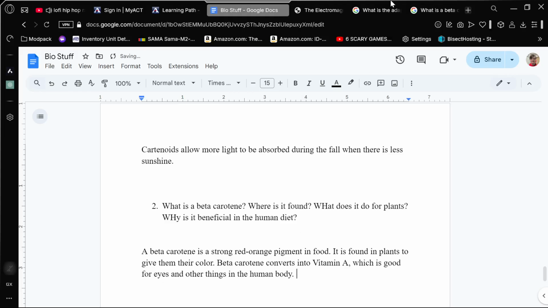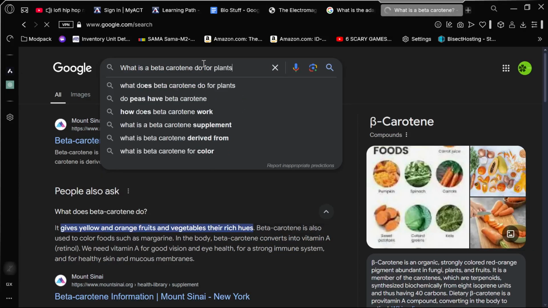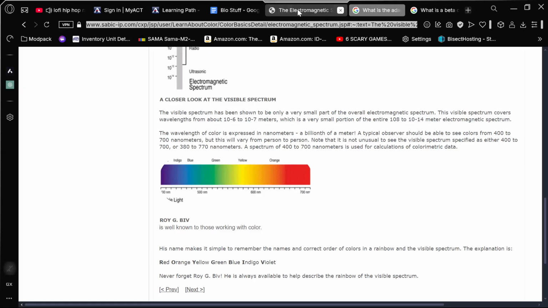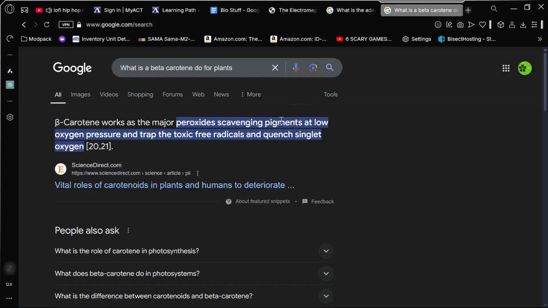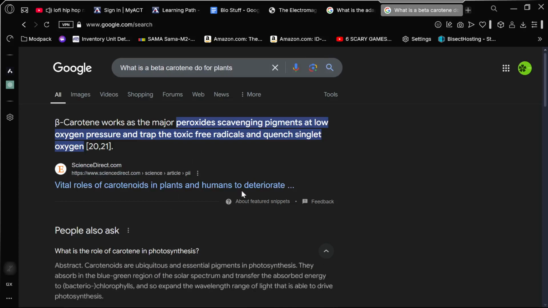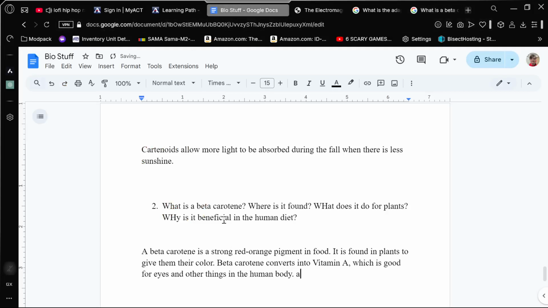What does it do for plants? Let's see. I would just put they absorb more light.